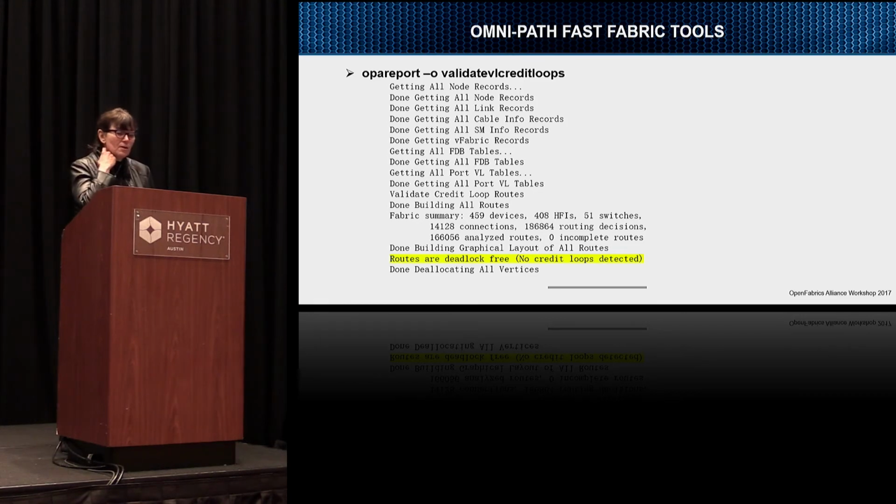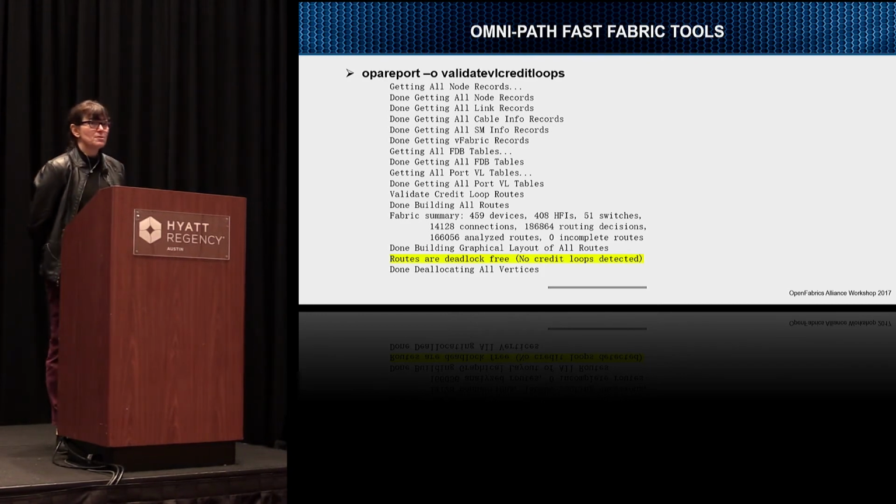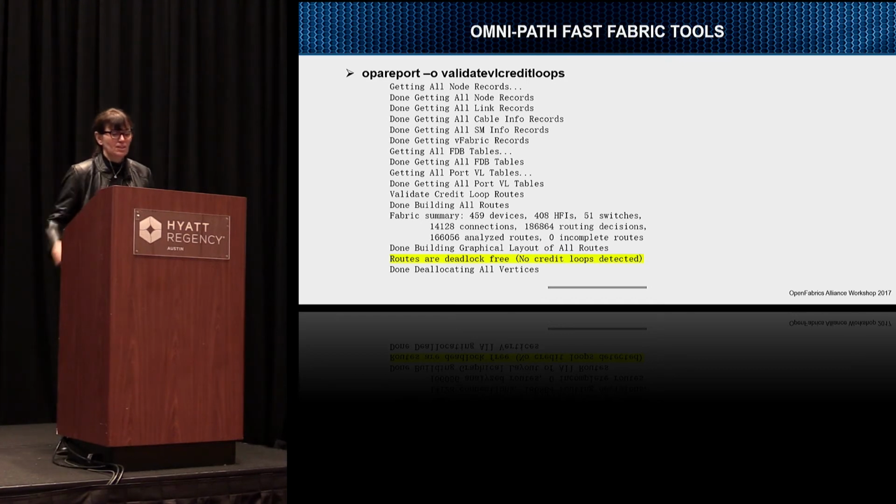In this case, we had removed at random over 20% of the switches from the fabric, and with the use of the fault regions, found that it was still deadlock free. So it's one of those validation tests. So our torus routing avoids deadlock. It goes up to 5D torus, and it's kind of a summary of that.